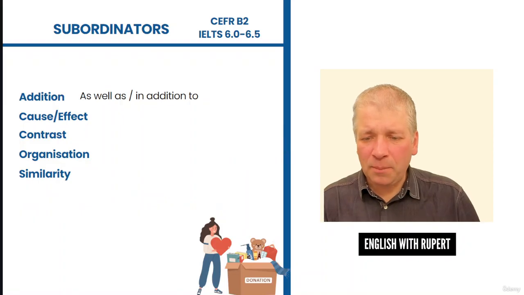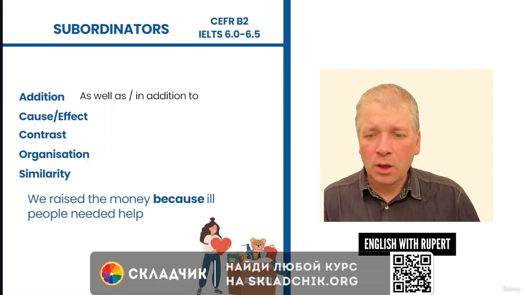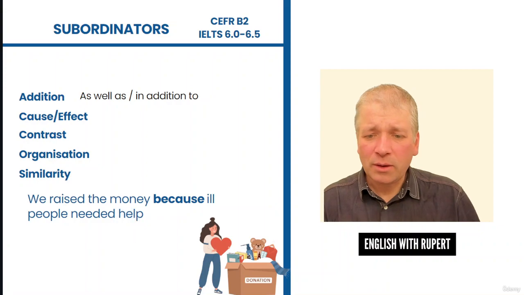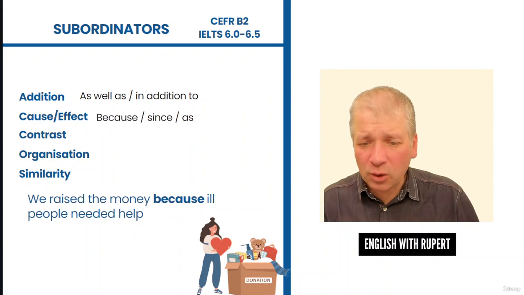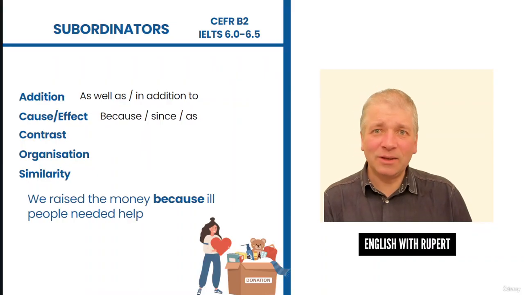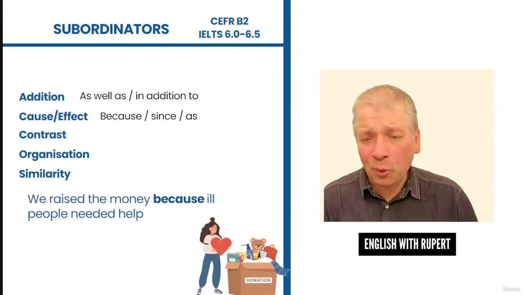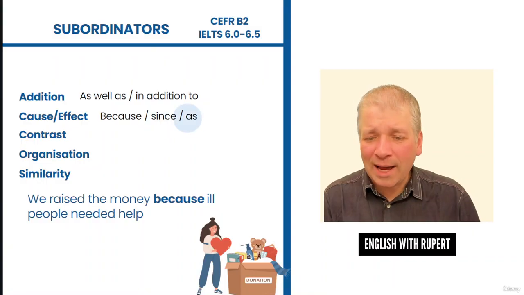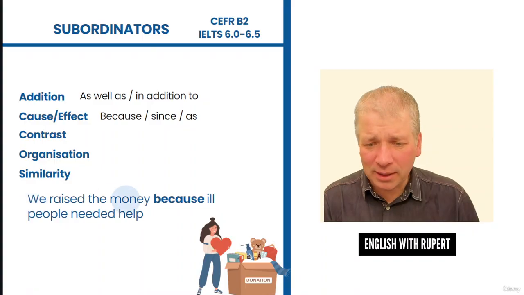Our next example is this. We raised the money because ill people needed help. So here we have the word because as a cause and effect subordinator. It could have been replaced with since or as. So here we have the independent clause, we raised the money.